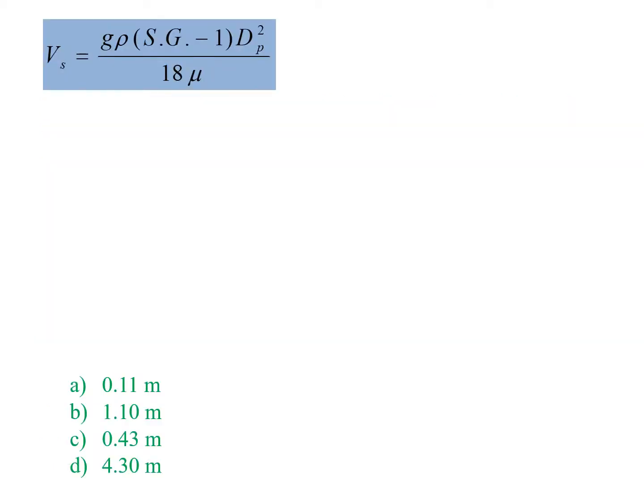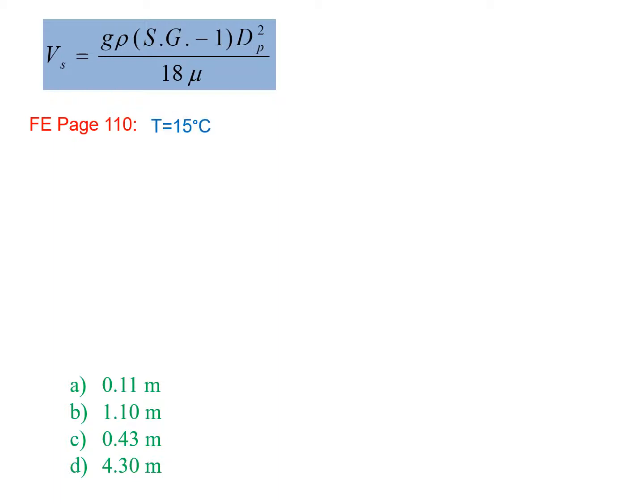Okay, Vs equals g times (specific gravity minus 1) times diameter of particle squared over 18 times mu. In the old version, FE page 110, that is the property of the water. Maybe in your FE manual, if you use the new version, it should be 112.